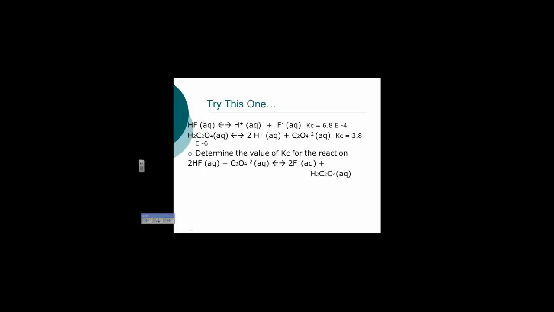How can I add those two equations together up above to create this target? Well, let's talk through some strategy before we write anything down. For no other reason than it's written first, I always look at my first reactant in my target equation. That's 2HF. Go up into the elementary reactions and just see if you can't locate where is HF.